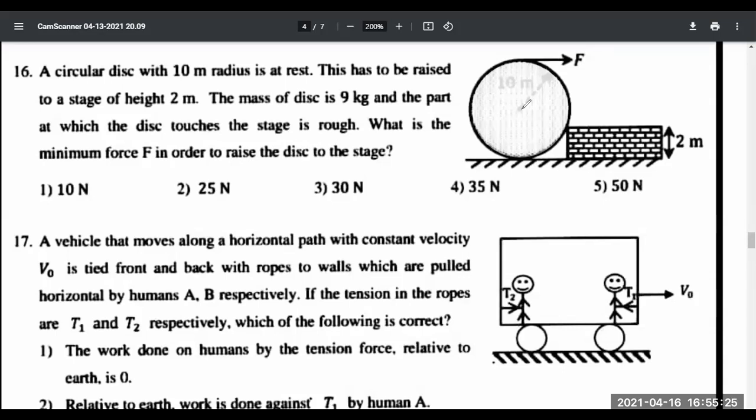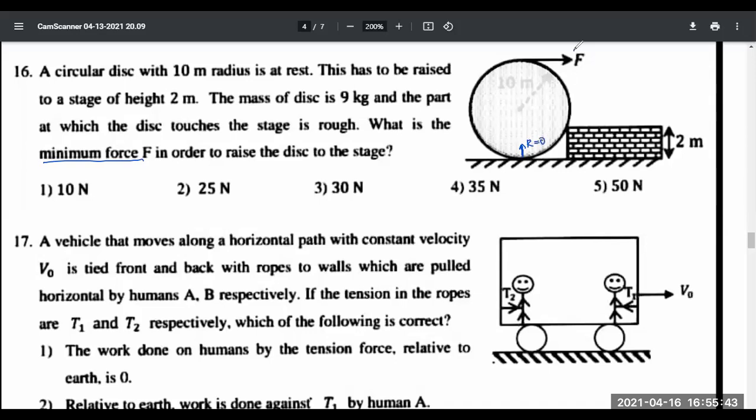They're asking for the minimum force. That means when you give a very small force, the disc will not go up. But when you have given sufficient force, the contact between the disc and the surface will disappear. That is the point where this R becomes 0.